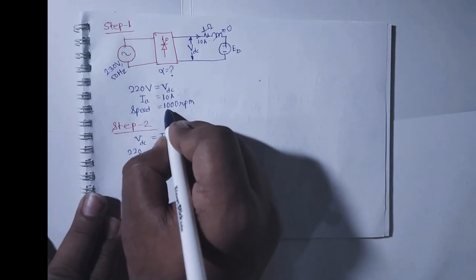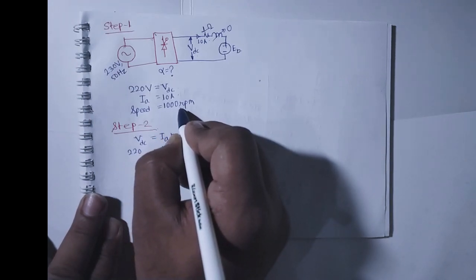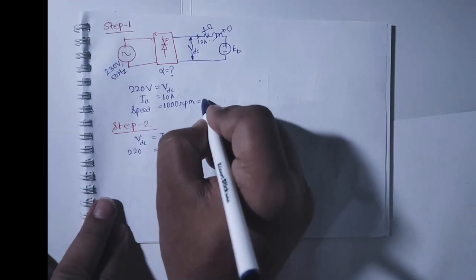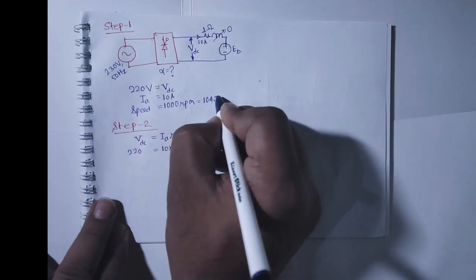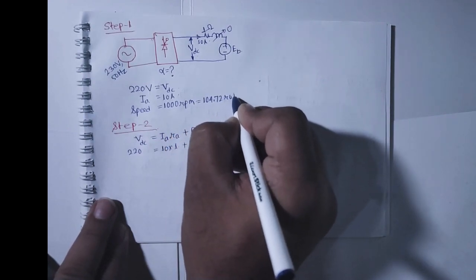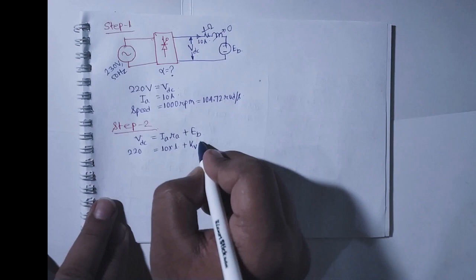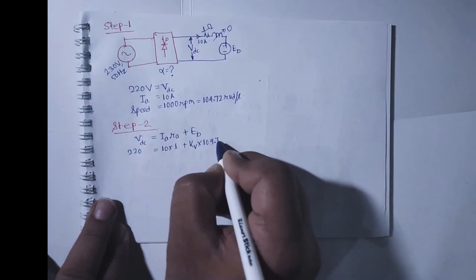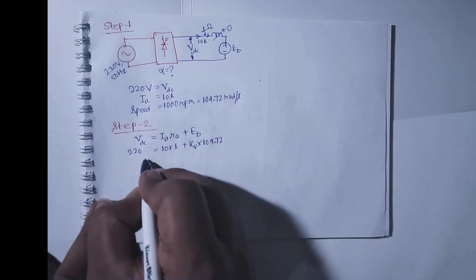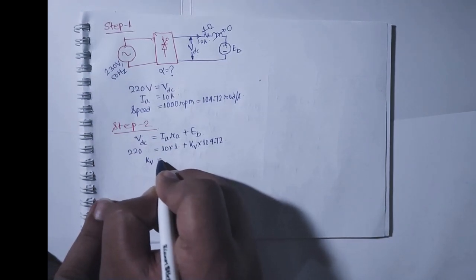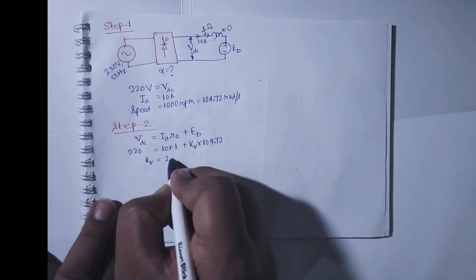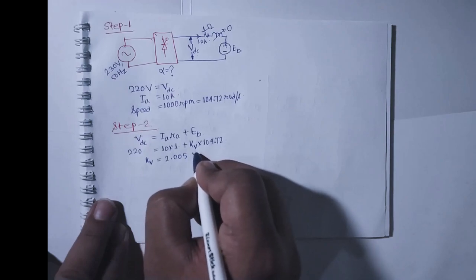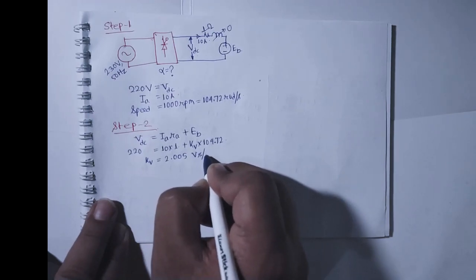If you convert 1000 RPM into radian per second, it will come as 104.72 radian per second. From here you can find out that kV is equal to 2.005 volt second per radian.